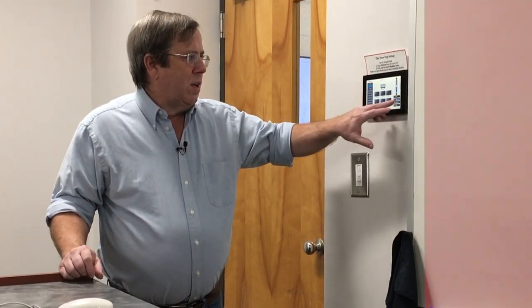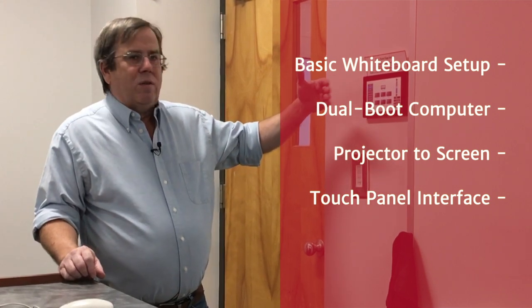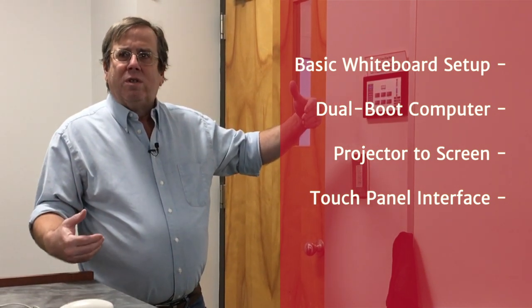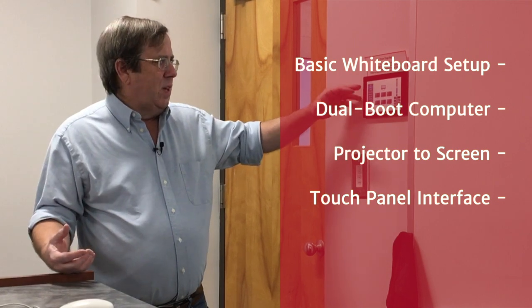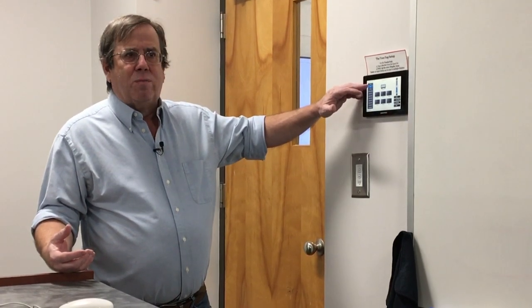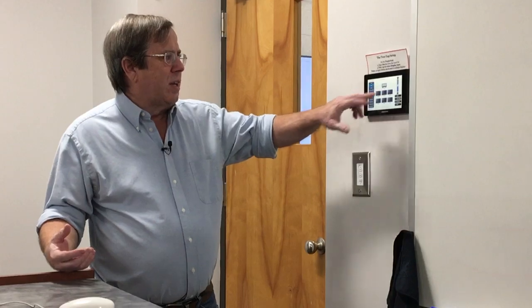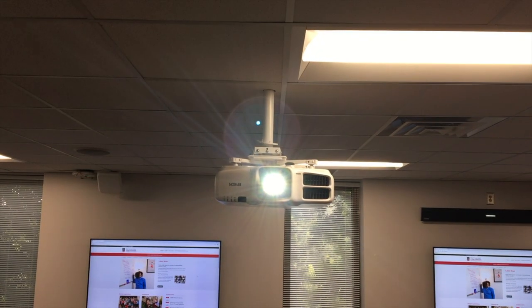So I can pick what I want to show to the students. In this case, I'm saying I want the computer in the room to show. So I've clicked one time for the computer, and then I've clicked on the projector, and the image will go to that device. So it's source, device.